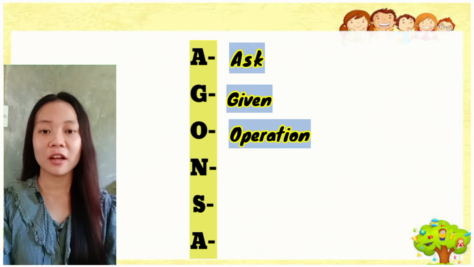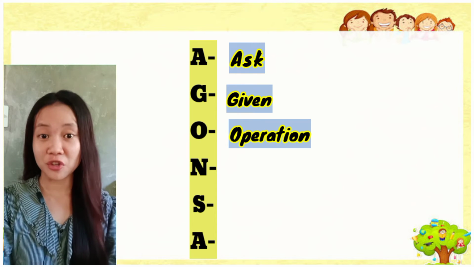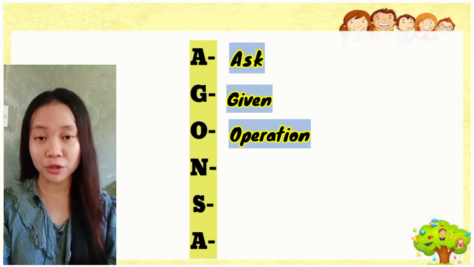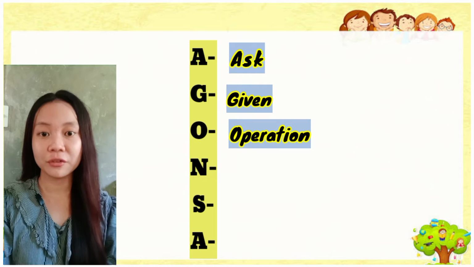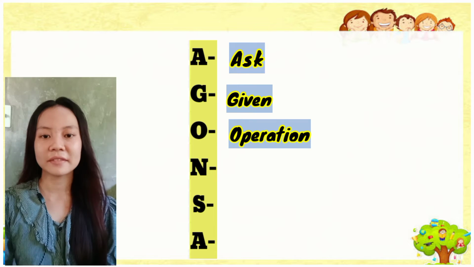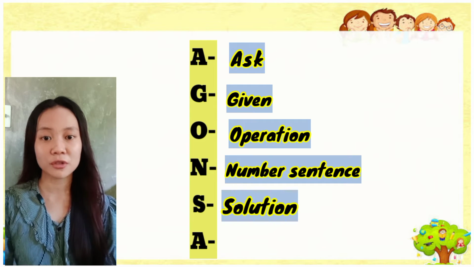The mathematical operation used, whether it is addition, subtraction, multiplication, or division. The next is N. N stands for number sentence. And the next is S. S stands for solution.